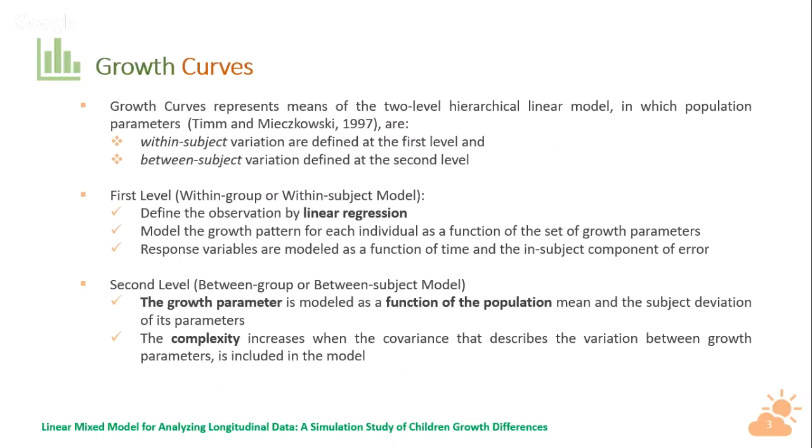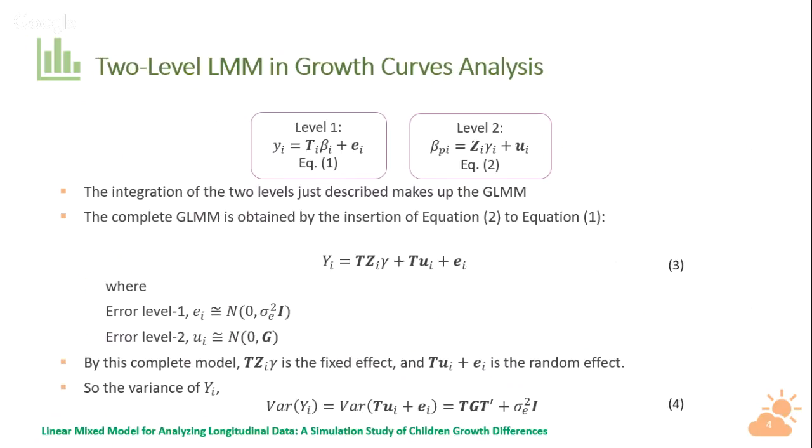This is the expression of the model in level 1 and the model in level 2 in equation 2. And by integrating the two levels, from equation 1 and equation 2, we have the complete general linear mixed model. It's only general, not generalized. General linear mixed model.